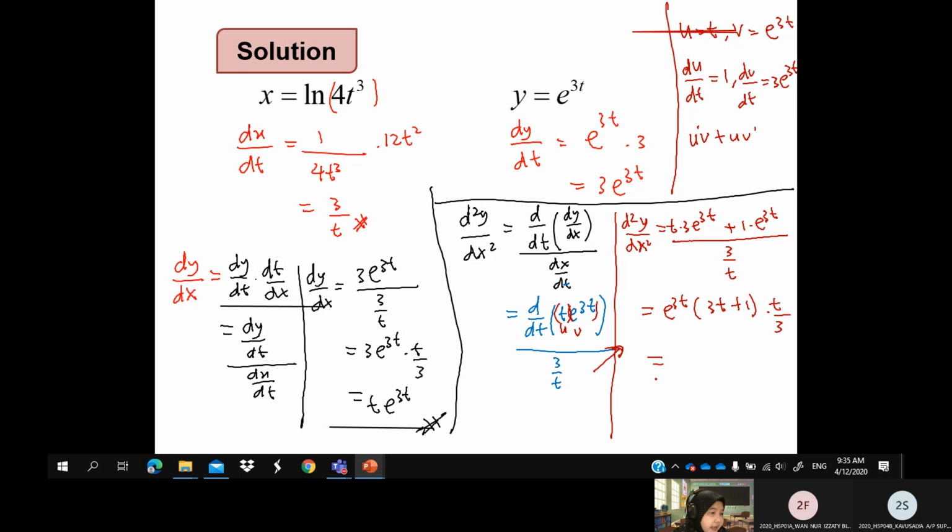Then simplify further, and you get 1 over 3 times t e^(3t), arranged as 1 plus 3t. Okay, this example is settled and done.